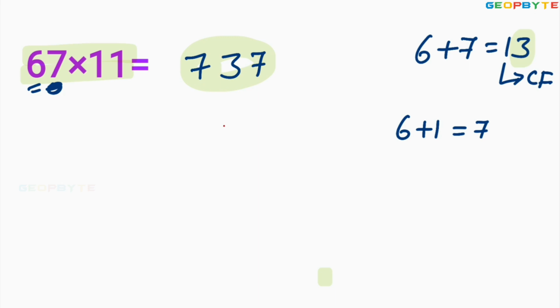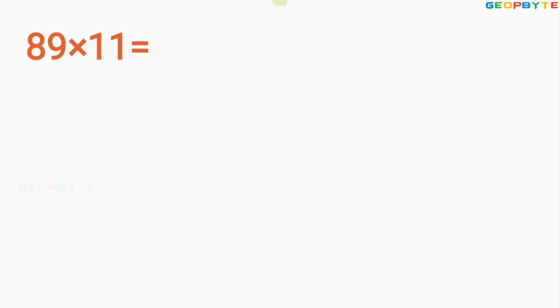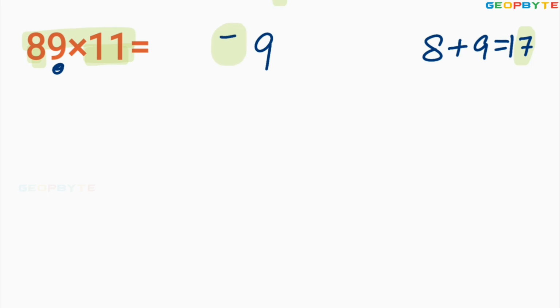Similarly, let us take the last problem. Look at the last one. 89 into 11. From the 89 you take this 9 right here. You add the 8 and 9 equal to 17. From 17 you take the 7 to write here. The carry forward is 1.